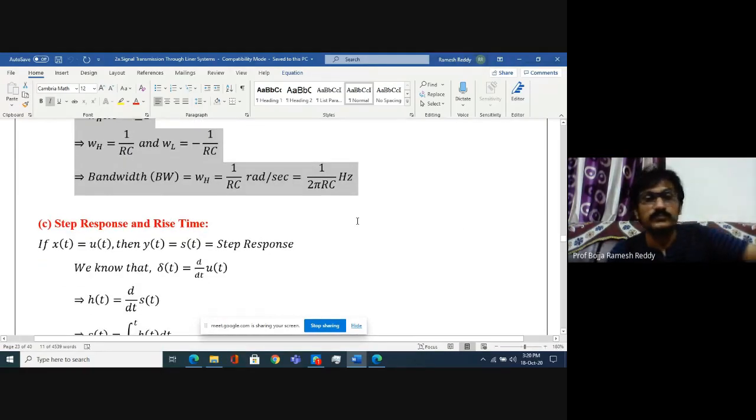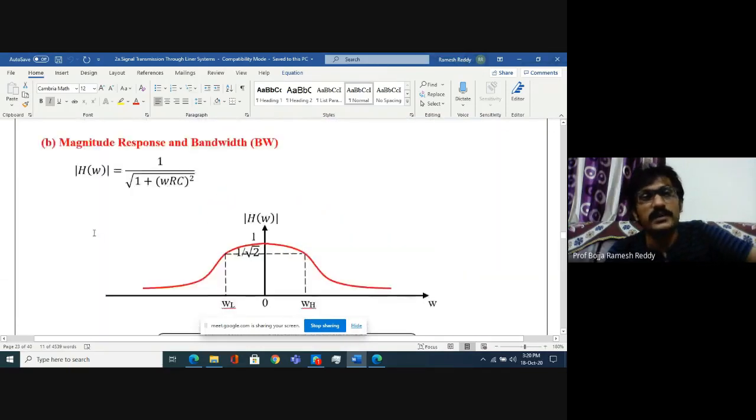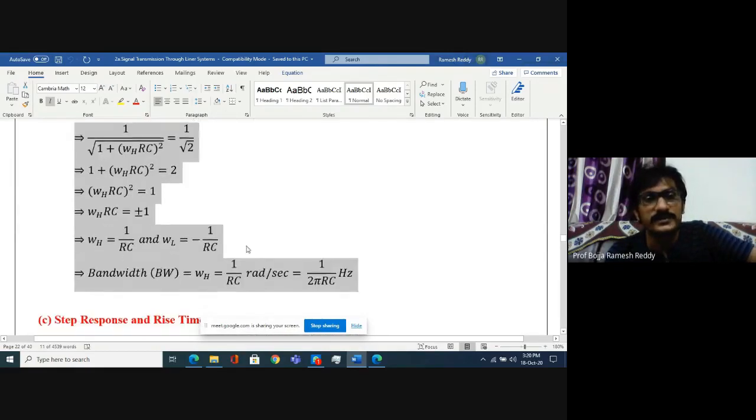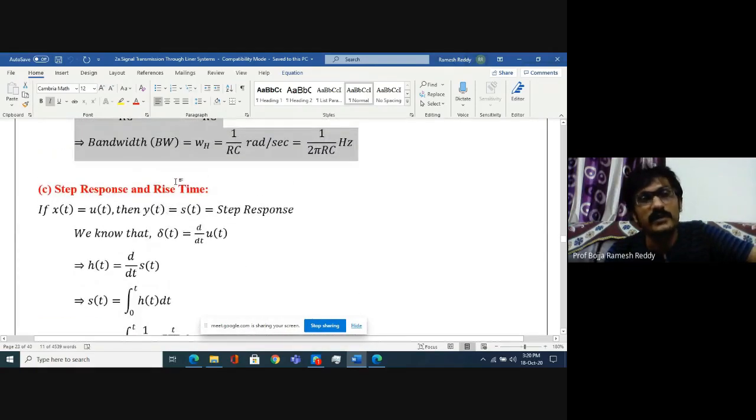Now, step response. Rise time can be calculated from the step response. Bandwidth can be calculated from the magnitude response. The magnitude response is required to calculate bandwidth, and the step response is required to calculate rise time. Rise time is another important parameter.